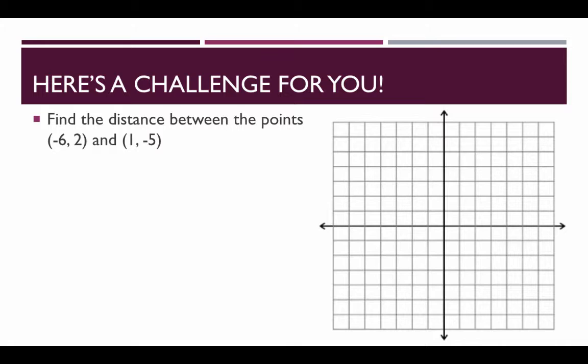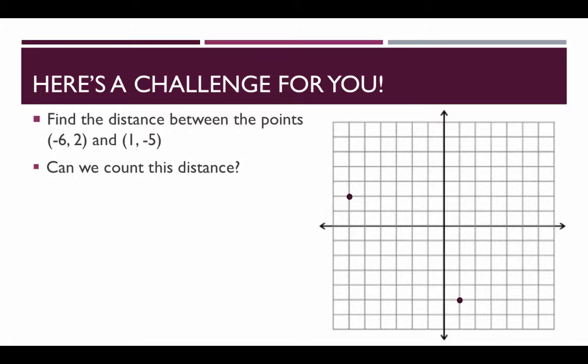Let's do another one. Let's find the distance between the points -6, 2 and 1, -5. So we're going to go back 6 and up 2 and over 1 and down 5 to plot those points. And so now, can we find the distance between these two? Before we could find the distance because we had a horizontal or vertical line.